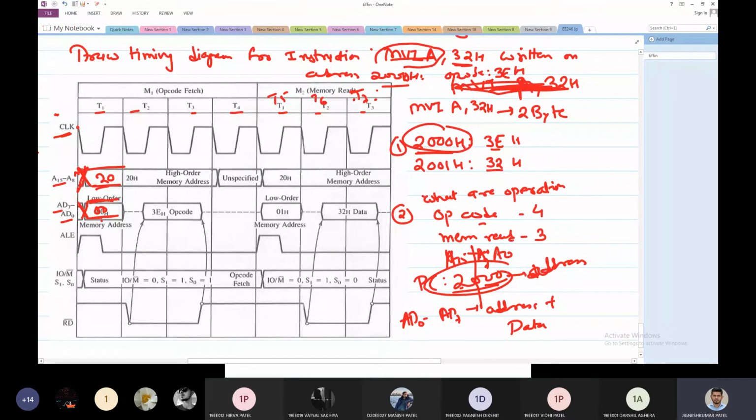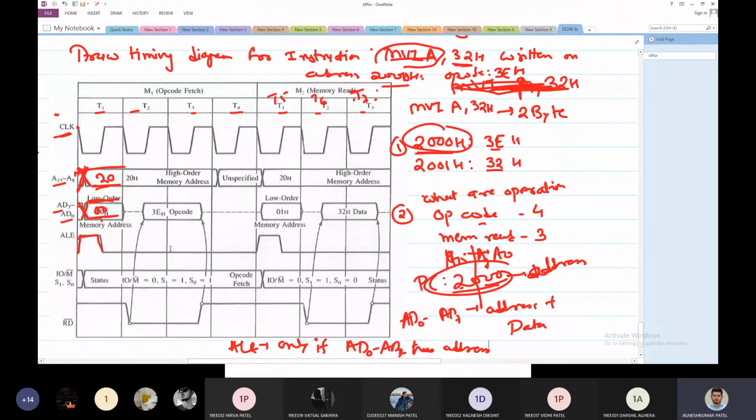Now along with that address, the 8085 sends a signal. As we have seen here, address and data are multiplexed. Now how to know which one is the address and which one is data? So the 8085 sends a signal along with this, and that signal is known as ALE. This signal ALE is sent only if AD0 to AD7 has an address on them. The 8085 internally knows which is address and which is data.